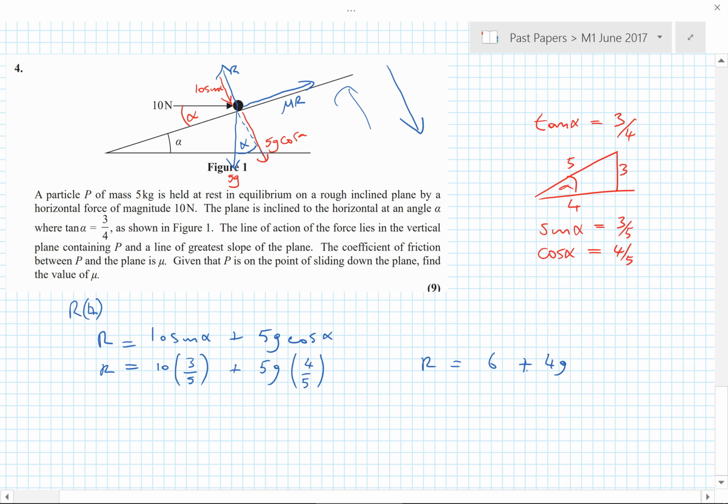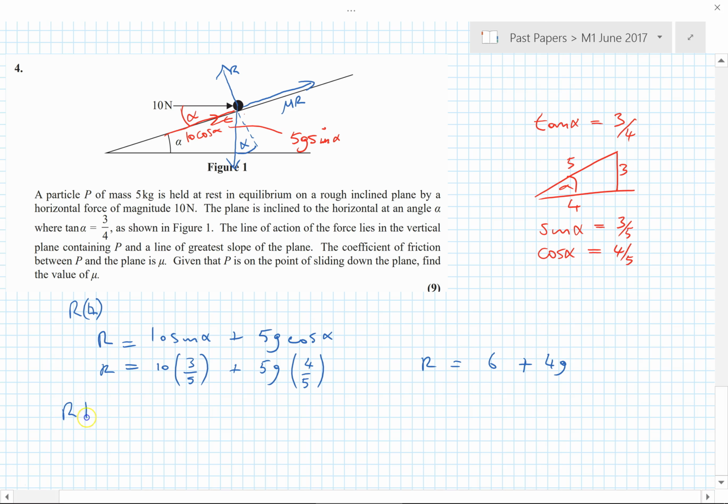Okay, now let's do the resolving parallel to the plane. Here we're looking at resolving the 10 Newton force, and this is next to the angle that we've marked, so it's 10 cos alpha. And then this one here, or sometimes people mark it down here, it's up to you, the force down there is 5g sine alpha.